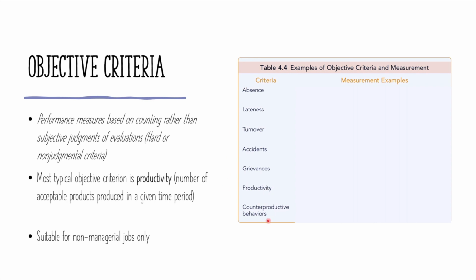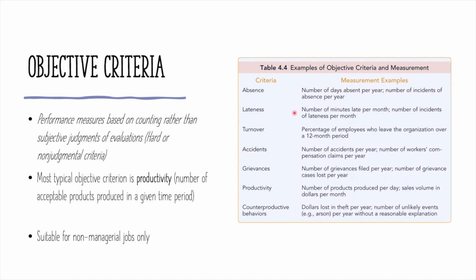So here's a couple examples. So absence, lateness, turnover, accidents, grievances, productivity, counterproductive behavior. So these are the sort of things I would ask a live class, and then, oh, great job. You can count the number of absences. That's pretty easy. You can count how late they were per month, or the number of latenesses per month, or anything like that.